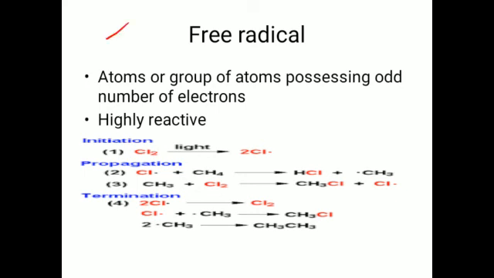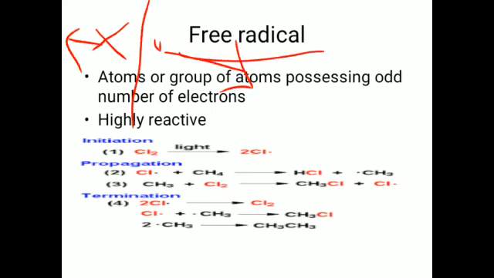When a bond is broken homolytically, both of the electrons go to the bonding atoms, and in this kind of bond cleavage, the atoms or the group of atoms possess an odd or unpaired number of electrons, which are called free radicals, and they are highly reactive species because in this condition they go to their atomic levels.